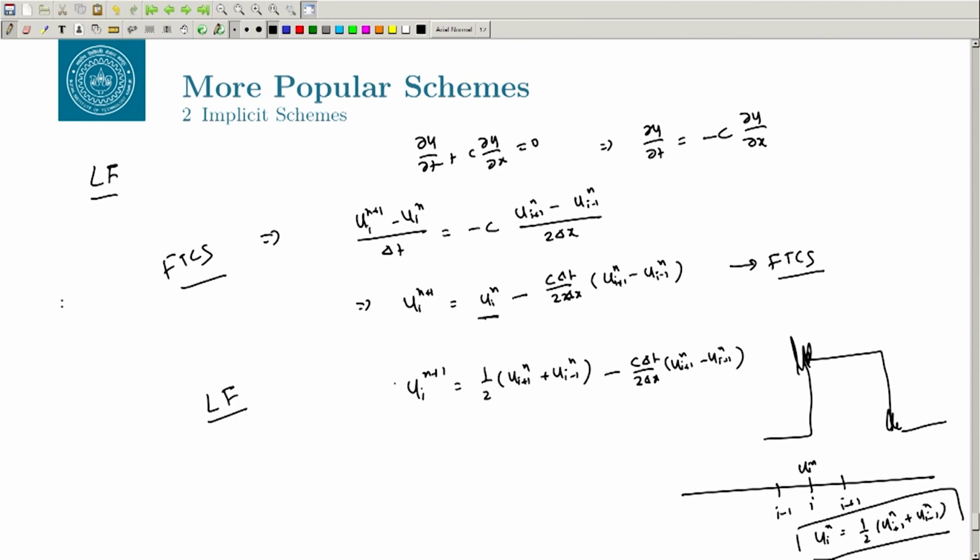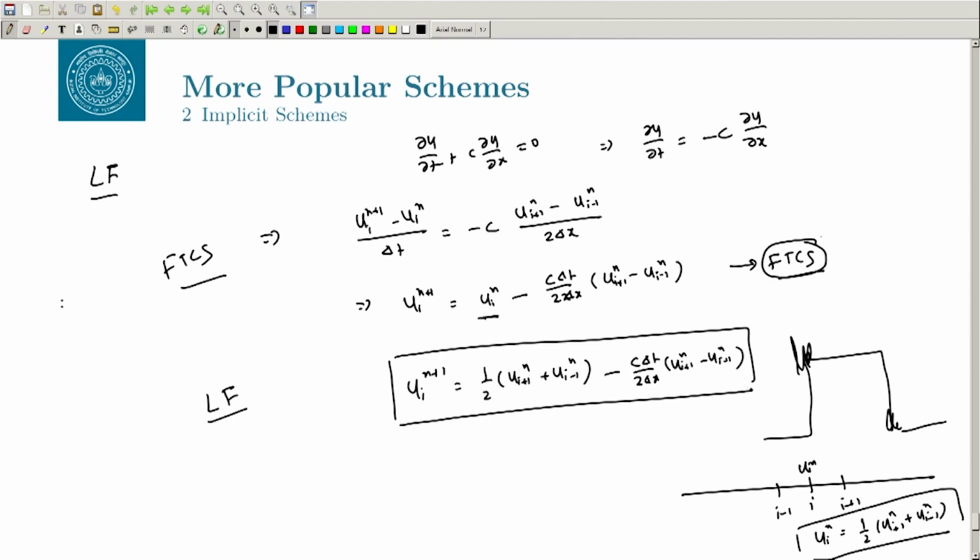And then you get a new scheme, and this scheme is basically stable, conditionally stable, but it is stable, it is not unconditionally unstable like the FTCS scheme. So, we will look at the properties of these schemes also. I am just introducing a class of schemes which are very popular, and we will look at the stability properties of these schemes in future classes.